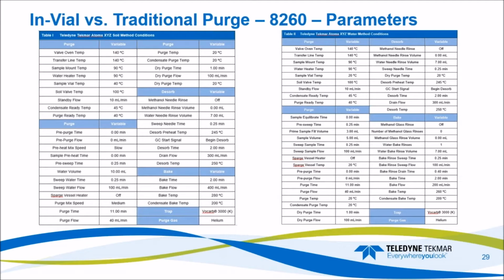It actually purges in the vial, so this will act as our in-vial samples, versus on the right, we have our water method, which uses the traditional Sparger purge. I'd just like to point out that these are some pretty default method parameters, 11-minute purge with 40 mils per minute purge flow.